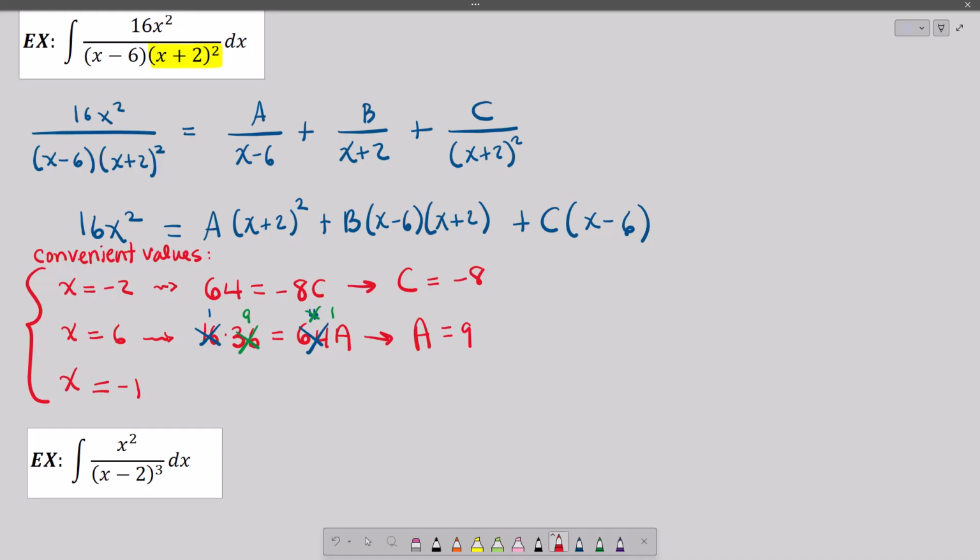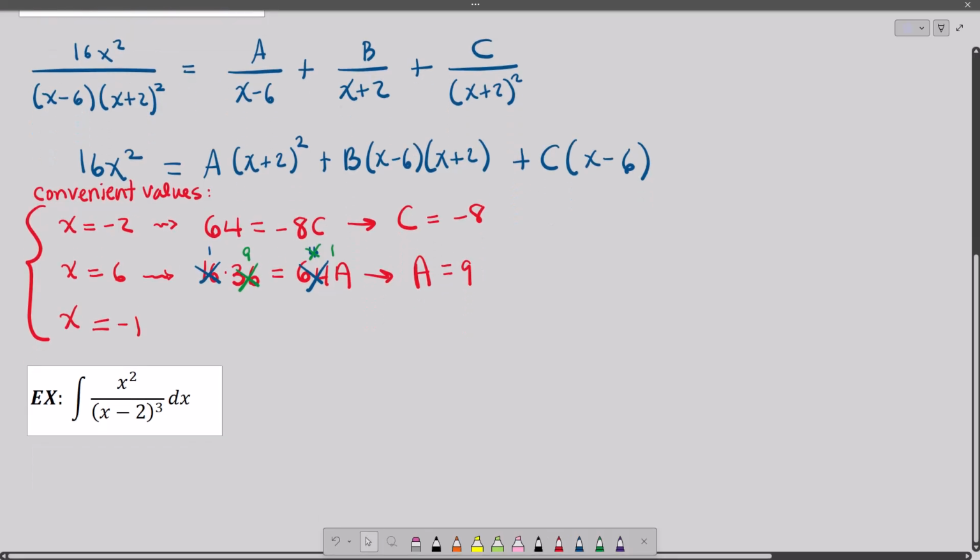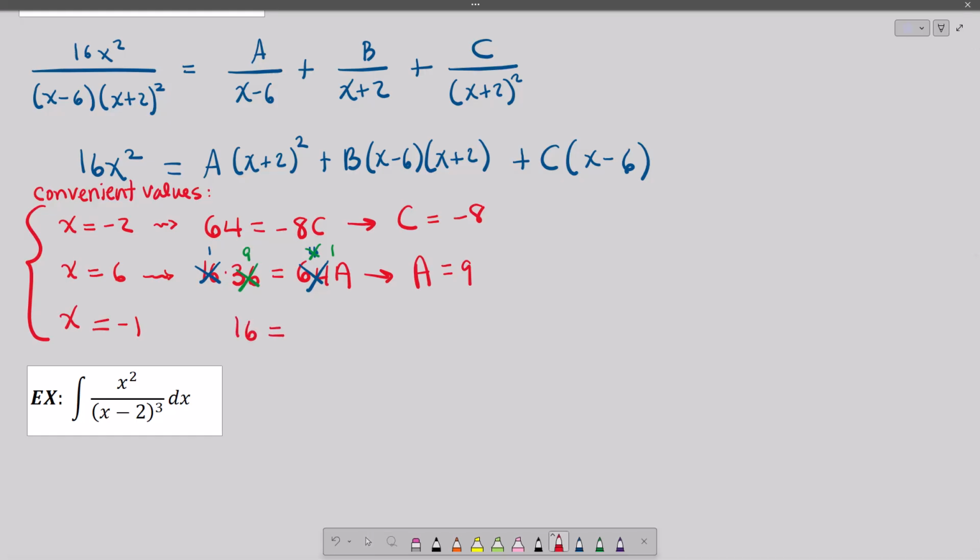Then we plug in negative 1. On the left, we get 16. Negative 1 squared is 1. Here, we're going to get 1 squared, which is 1, so we're going to get A, plus, plugging in negative 1 here, we have negative 7 times 1, so that's going to be negative 7b.